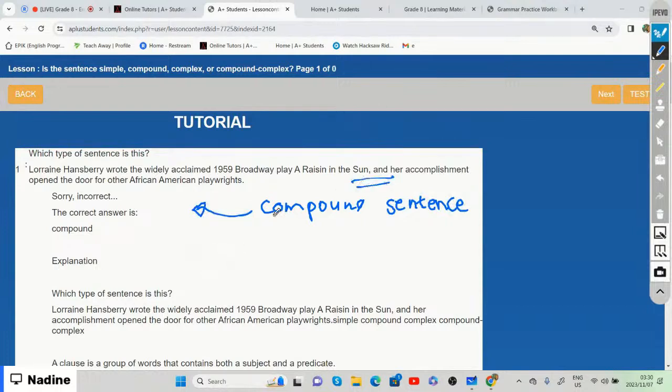So compound sentence. Remember we said a compound sentence is made up of two or more independent clauses, which are joined by a coordinating conjunction, which is and, but, or so.